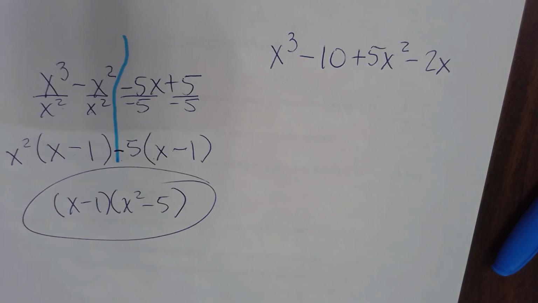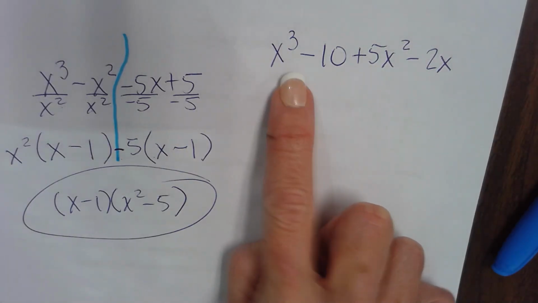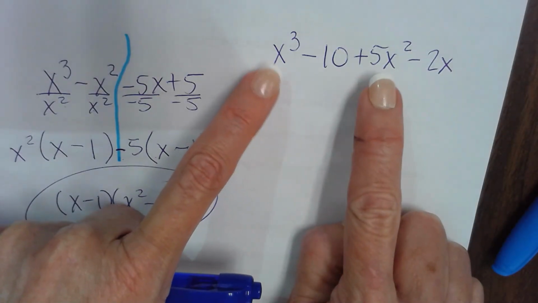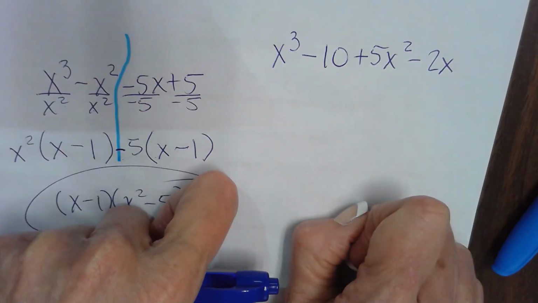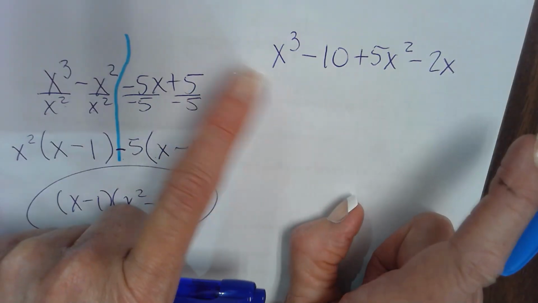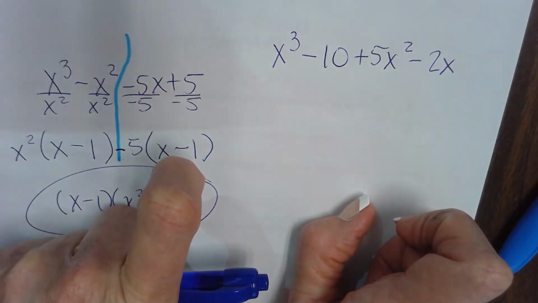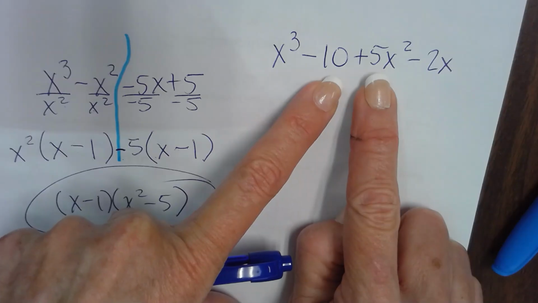What does regroup mean? Well, y'all, all it means is maybe instead of these two going first and these two going last, maybe you pick these two to go first and these two to go last. Or maybe you pick these two and these two. But you're going to have to regroup them.